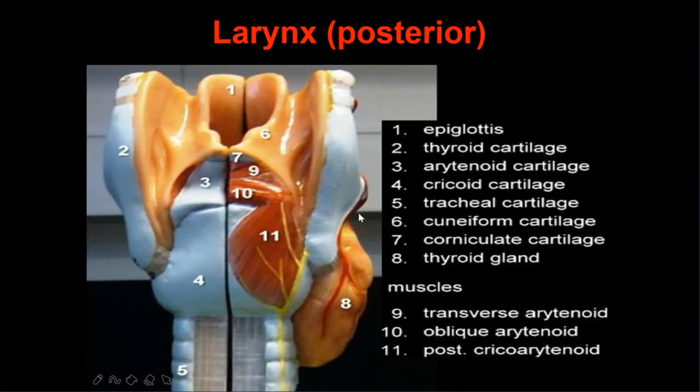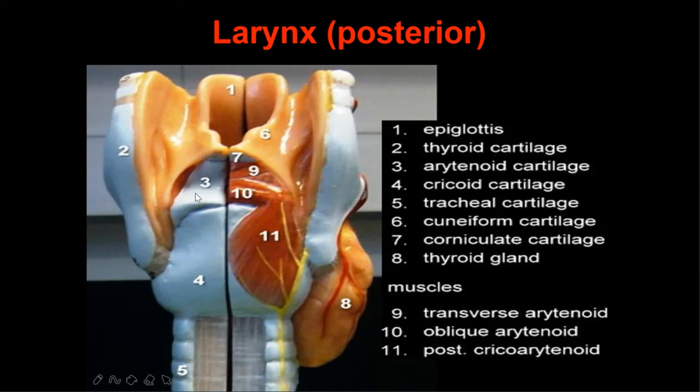So this is the posterior view. In the posterior view, you can see one more cartilage of the larynx, the epiglottis. Epiglottis, thyroid cartilage, and the corniculate cartilage, and these are the muscles, interarytenoid muscles.